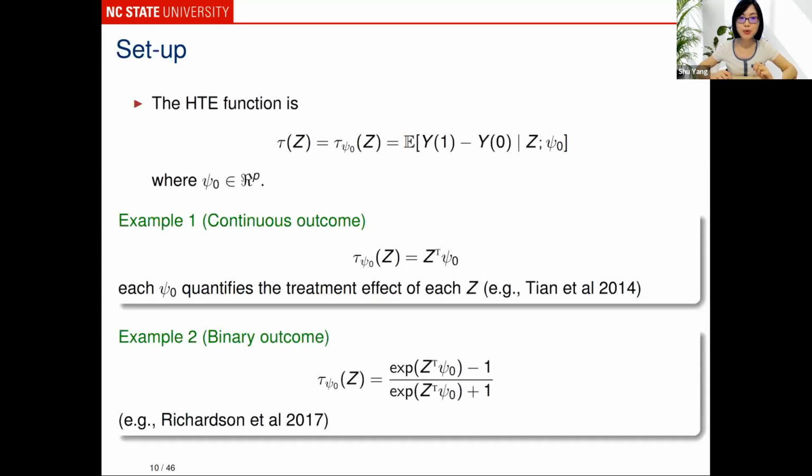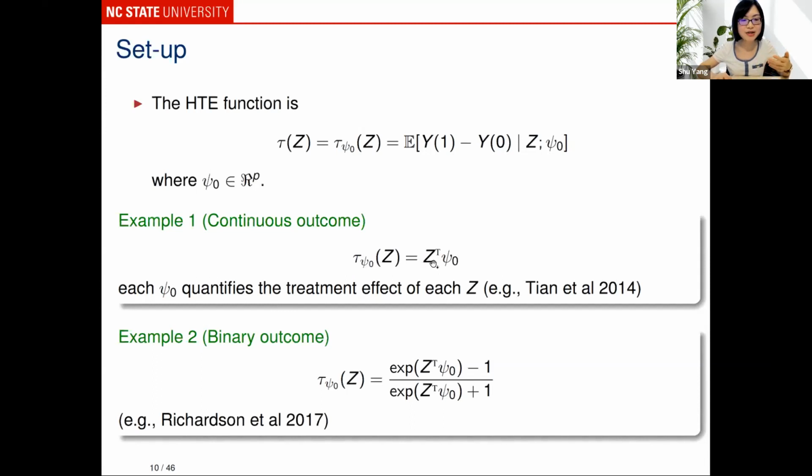In the clinical world, parametric models are preferable. This is because it's easy to communicate with the clinicians. So we follow that literature. We assume that the HTE function follows some parametric model. The link function is known, but we have a vector of unknown parameters, psi_0. So psi_0 governs how treatment effect varies across patient characteristics Z. So for example, for continuous outcome, the simplest model is this linear model.